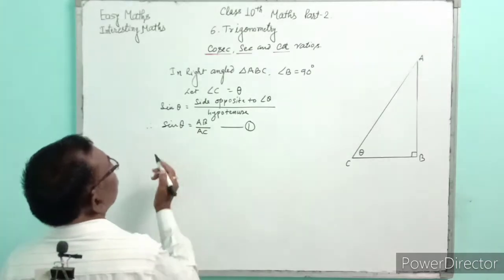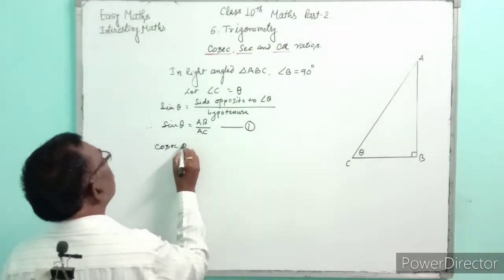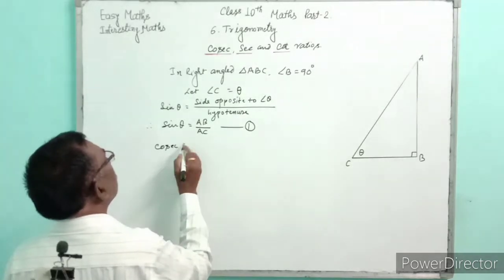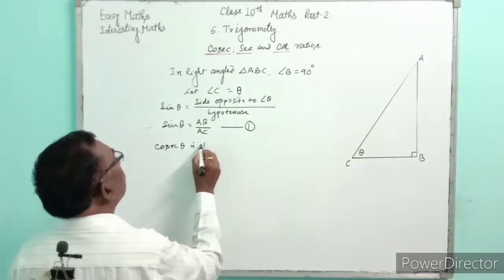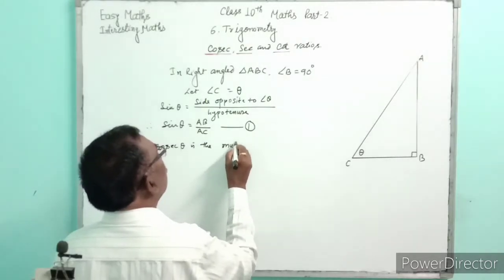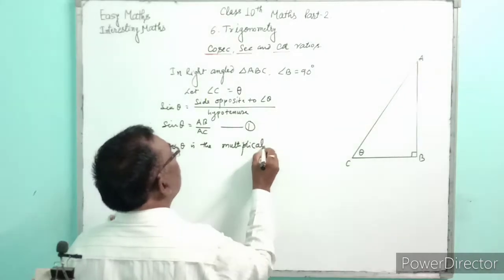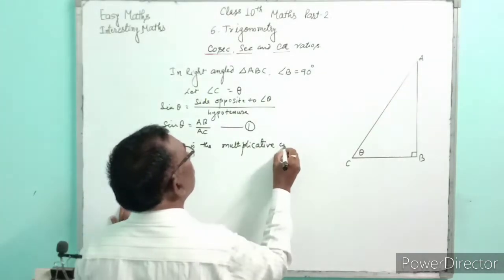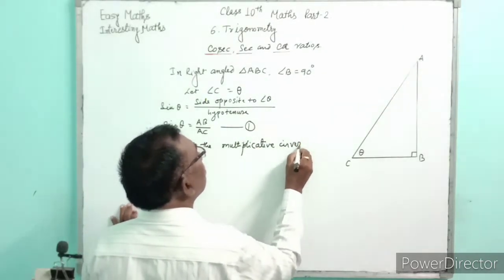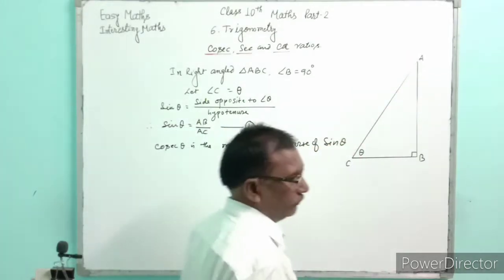Now, cosec theta is the multiplicative inverse of sin theta.